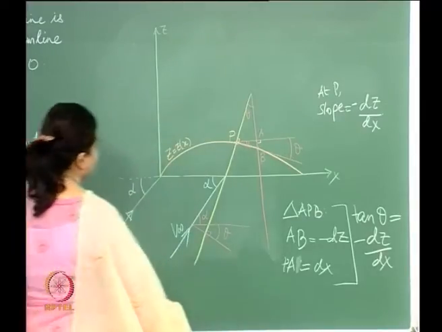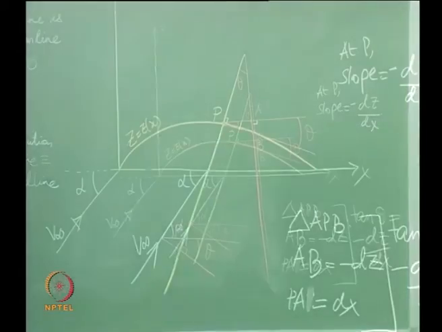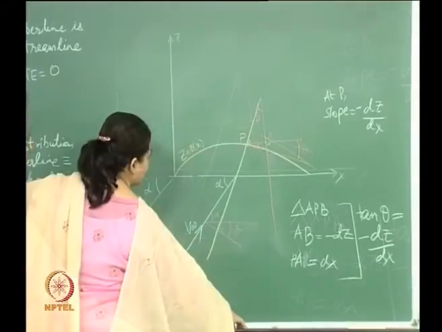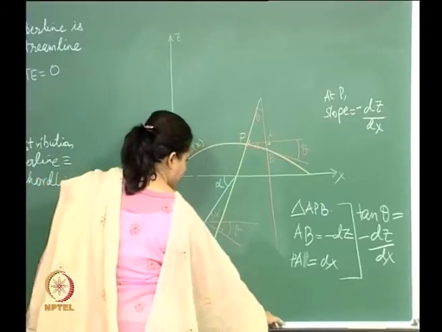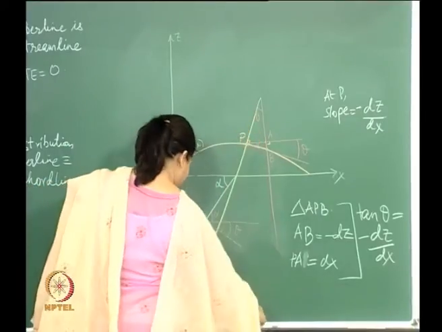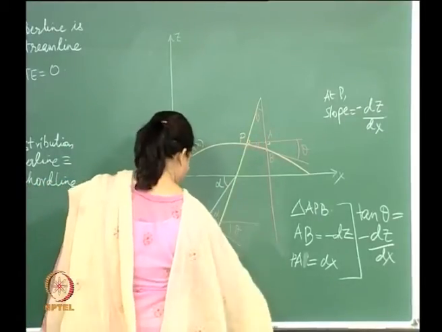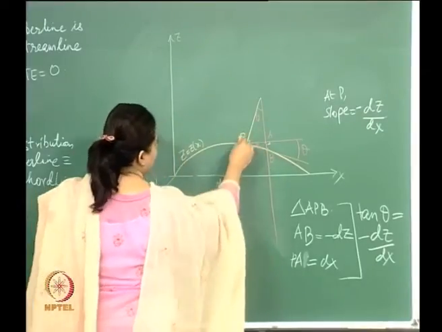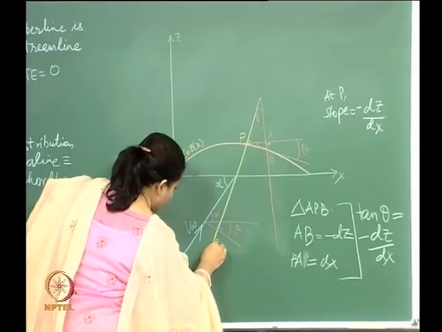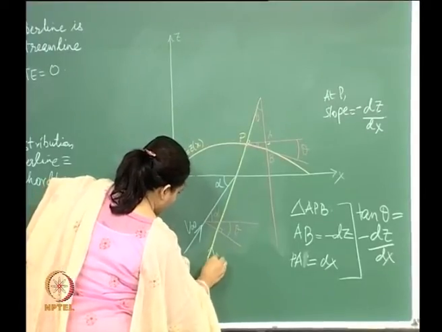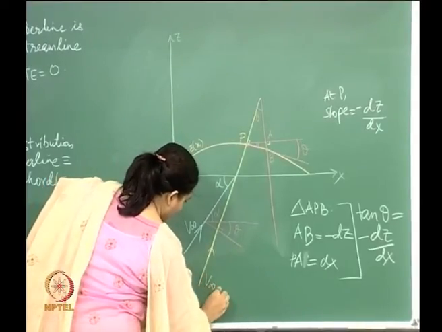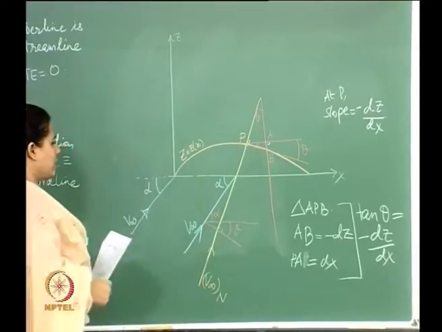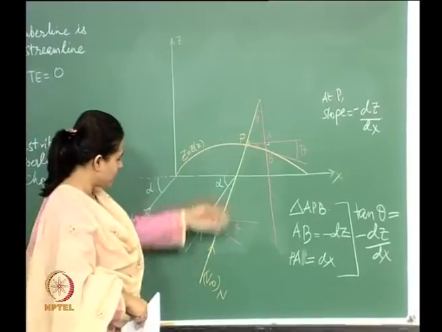Now basically what I am trying to do here is calculate the normal component of the velocity in this direction. This is the direction that I need, so this is the V infinity normal component in this direction.